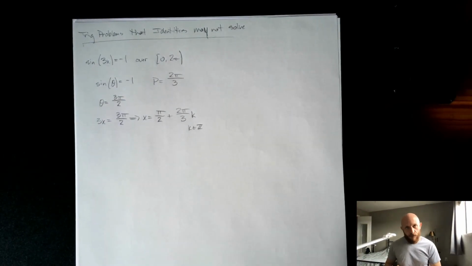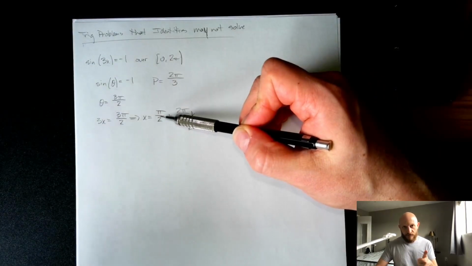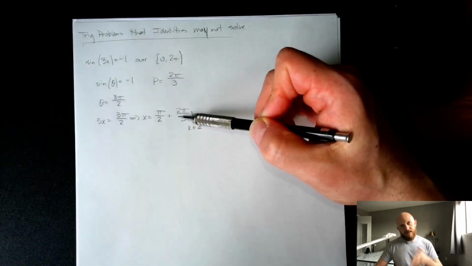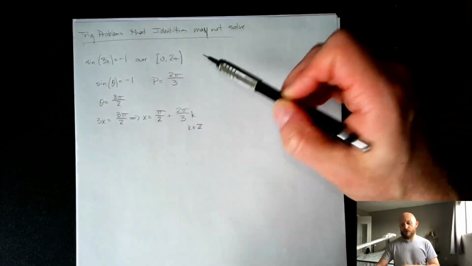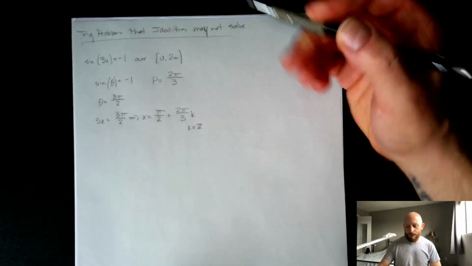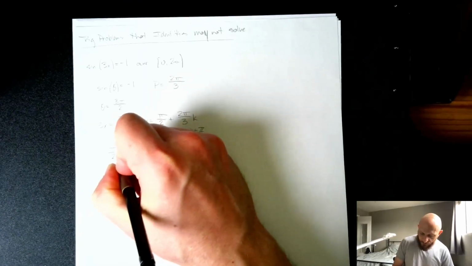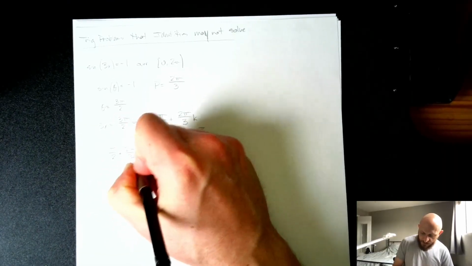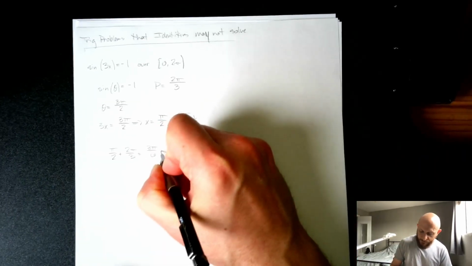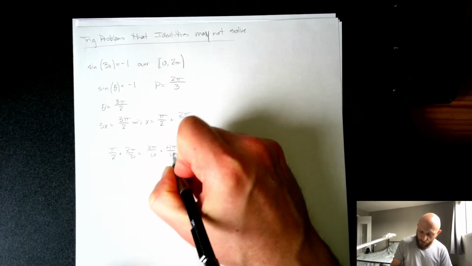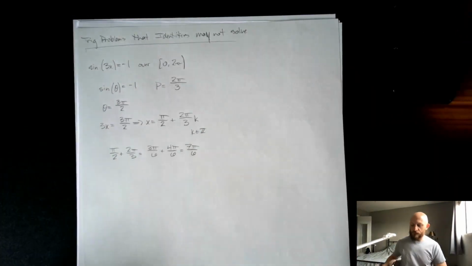So the idea now is that we want to take pi over 2, which we already know to be a solution, and we're just going to repeatedly add 2 pi over 3 onto that until we push ourselves out of this interval. So pi over 2 plus 2 pi over 3, let's see, this is 3 pi over 6 plus 4 pi over 6, which is 7 pi over 6.